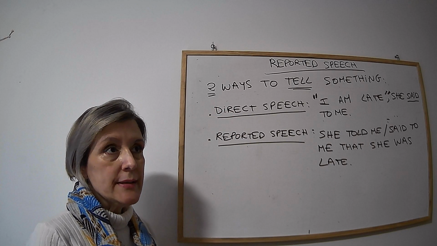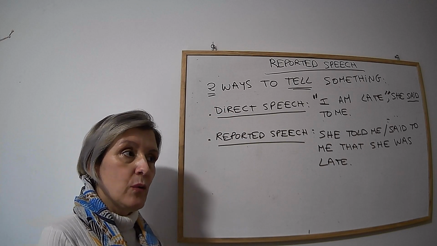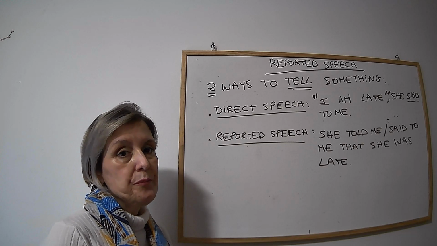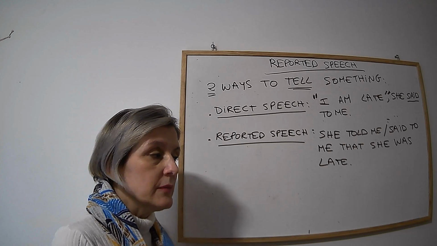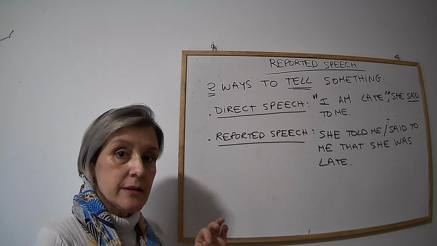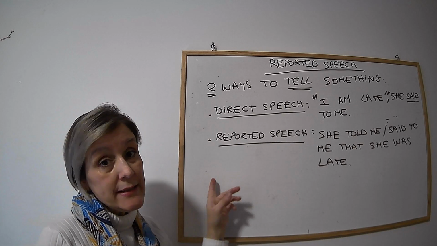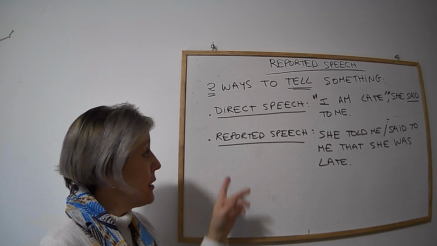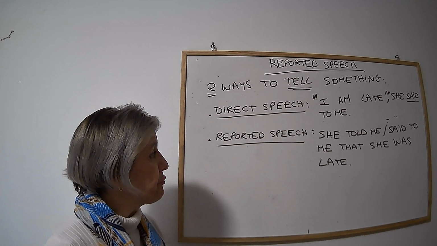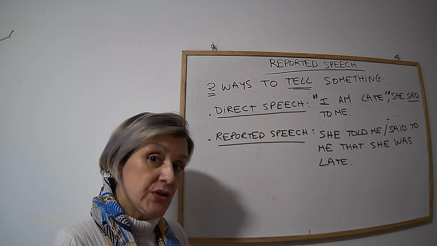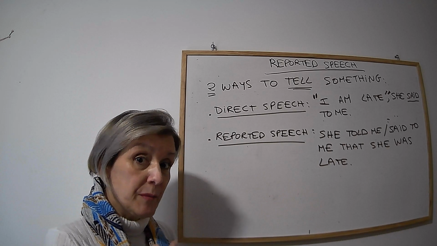You can say something with the exact words of the person, literally his or her own words, or you can tell things in another way, in reported speech. In that case, there are some changes in the form of the message.